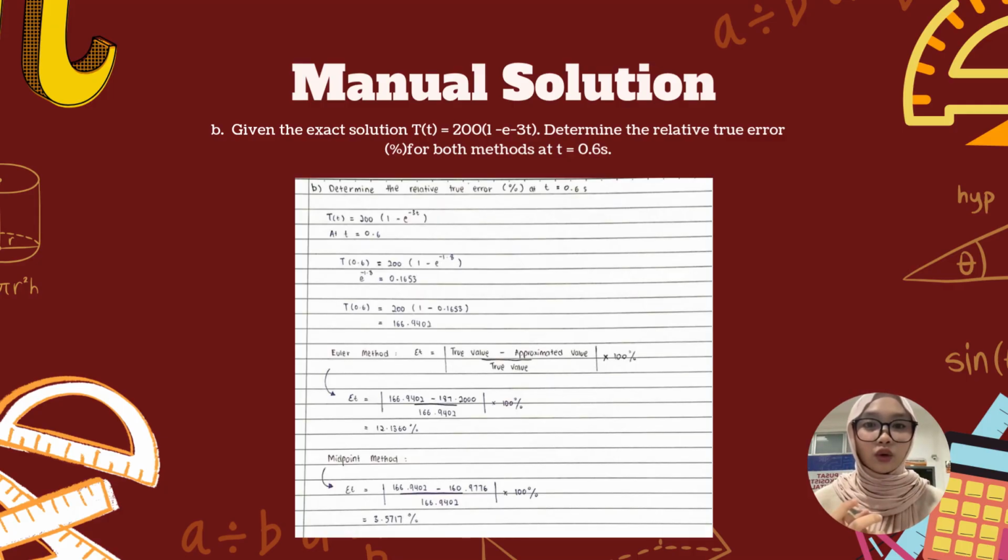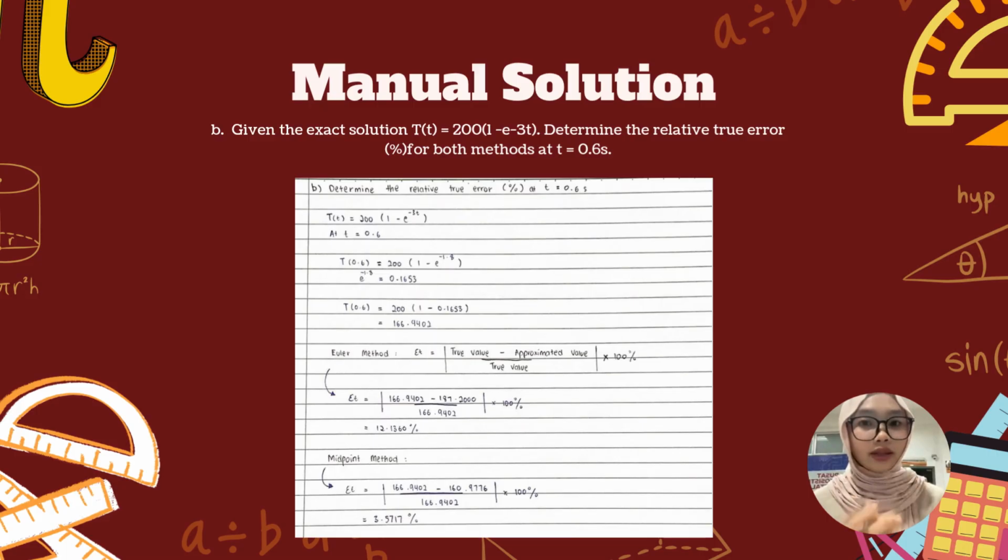The true value is 166.9402 Celsius. To find the error percentage, we check how far our guesses are from the true value using this formula: epsilon t equals the absolute value of true value minus approximate value, over true value, times 100%.